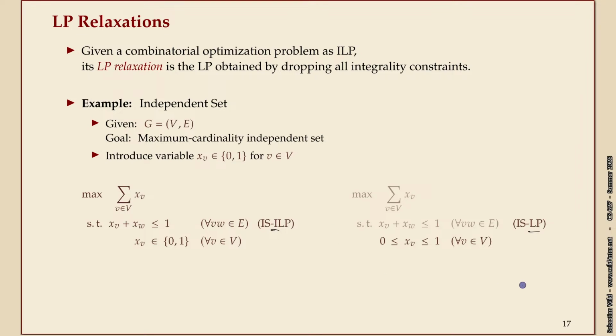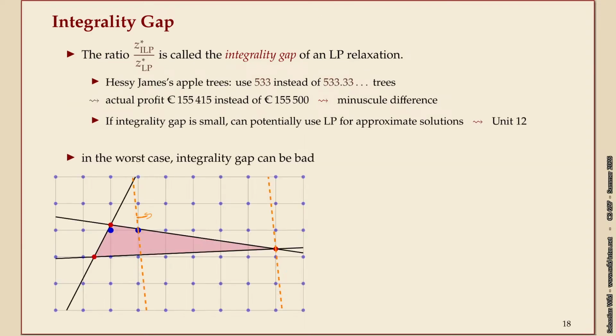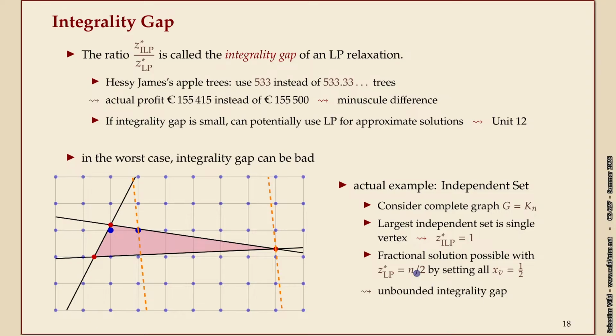But what happens in the linear program is we can still satisfy all those constraints by setting every vertex to 1/2. So we pick every vertex half into the independent set in this fractional version. We satisfy all the constraints, but the solution is completely meaningless. And what's worse, its optimal objective value is n times 1/2, which is far away from this value of 1 that you get in the integer program.